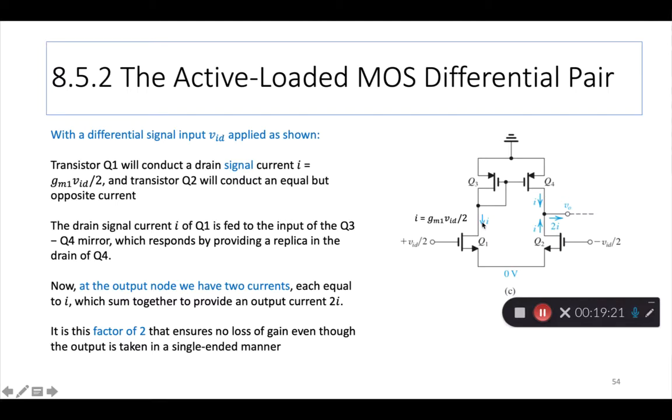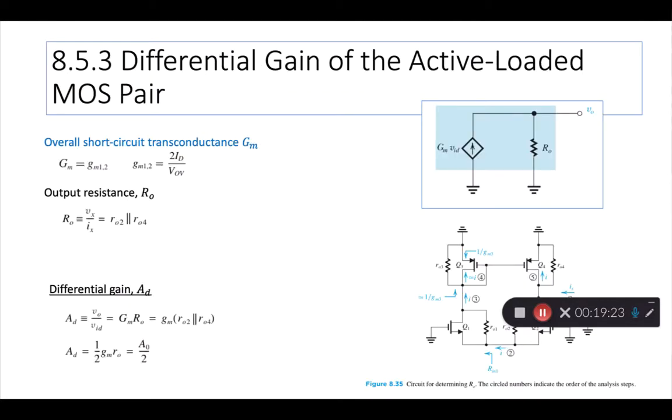Okay? Alright, so that's one of the benefits of having a current source load on the drains of the two transistors of the differential pair, instead of having just resistors, RDs, in the drain circuit.